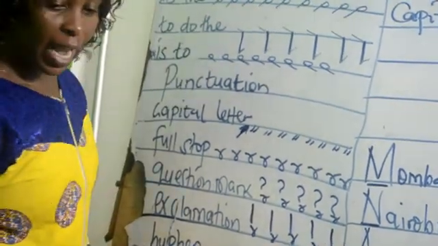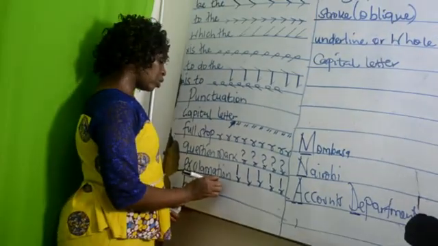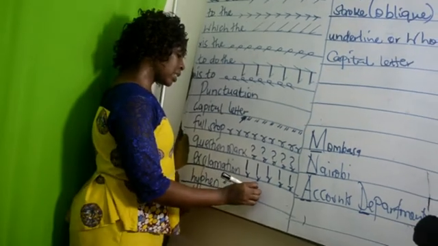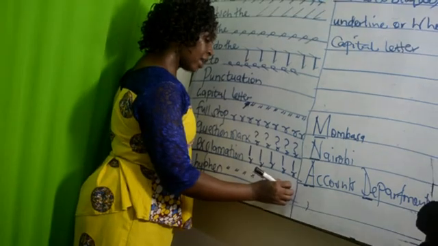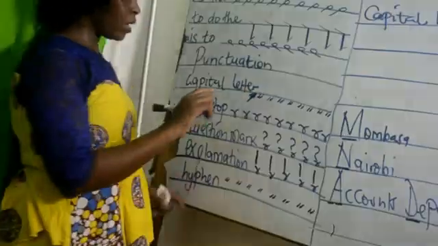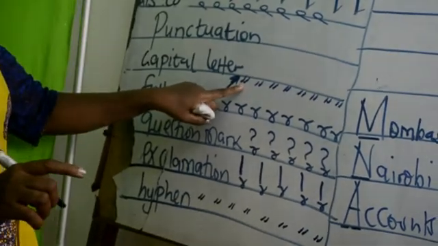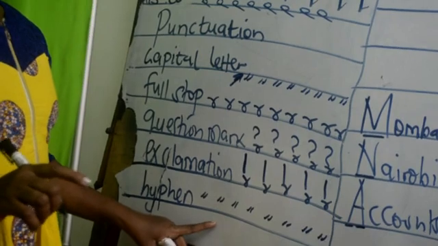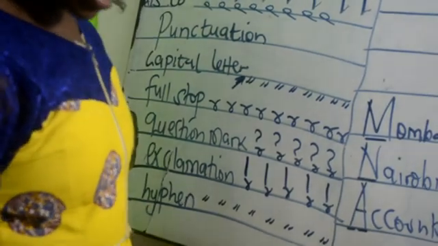Then we have a hyphen. A hyphen is represented by two small lines above the line. Unlike the capital letter, which is represented by these signs below the line, a hyphen is represented above the line. You drill them above the line.